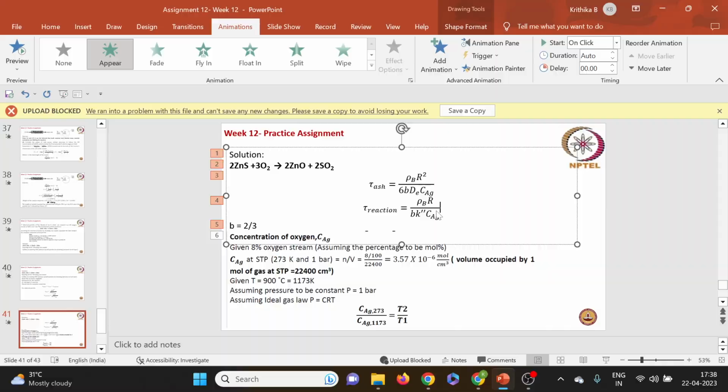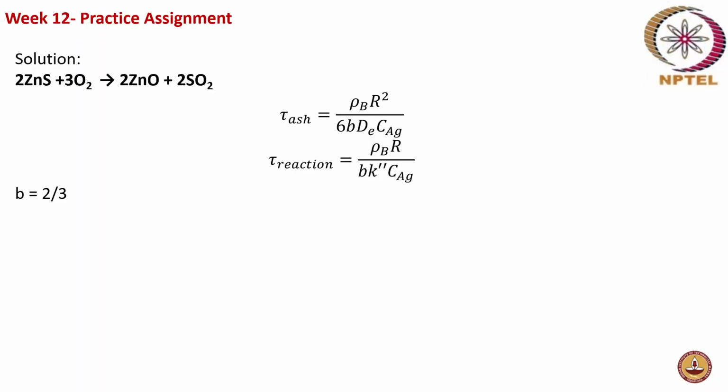So your value of b will be 2 by 3. How is it 2 by 3? We start with the expression dN_A by a is equal to dN_B by b, where A is a gas and B is the solid. Here the gas is oxygen.